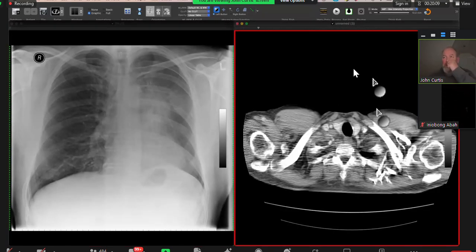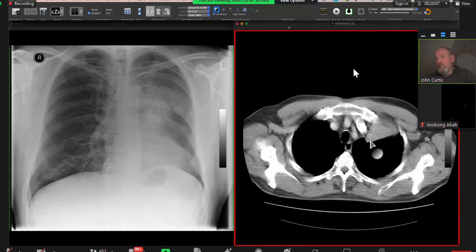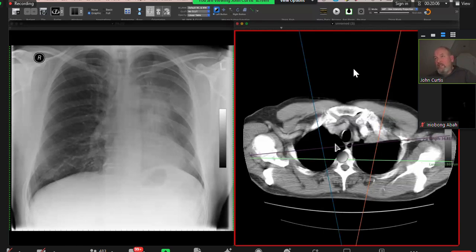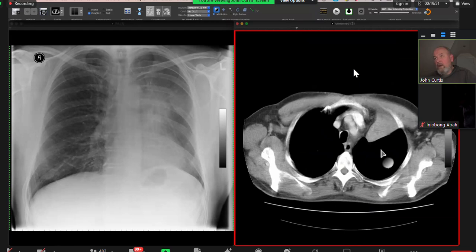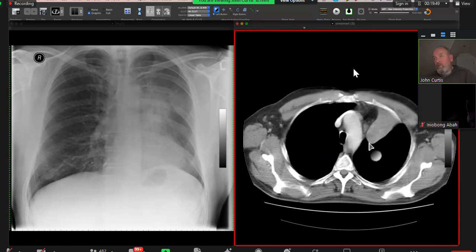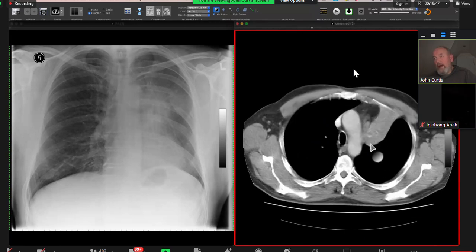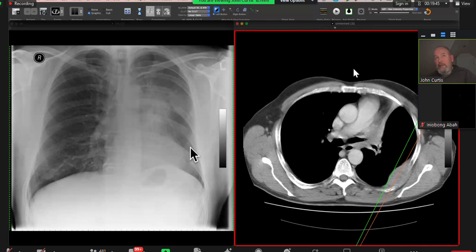Those lines are just to show you why you can see the left upper lobe collapse on the lateral, because it's tangential to the interface. But on the PA film, you can't see the interface because it's at right angles. Okay. And then we've got a mass lesion in the hilum, and then there's your mass lesion over here.